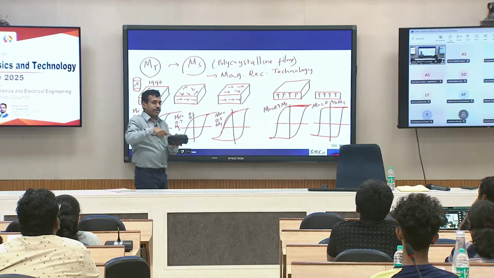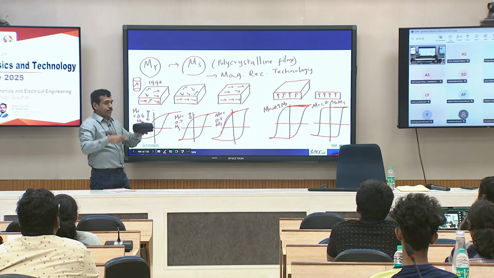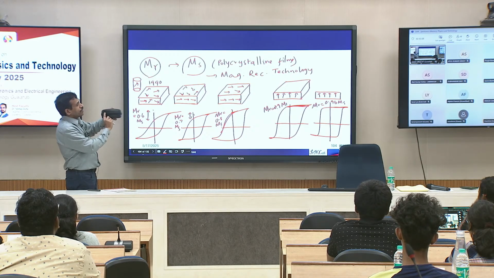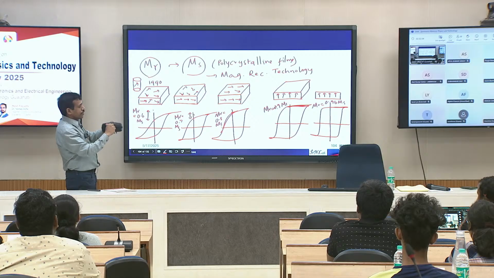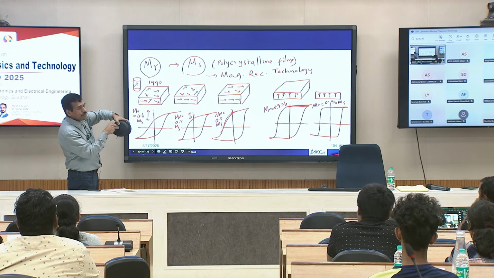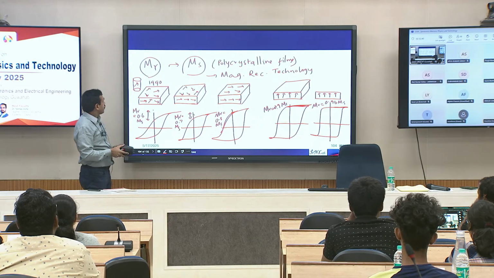Let us say you are storing magnetization along this direction, parallel to this surface. You can view the easy direction from this angle, or from this angle. So, I am showing the two perspectives.